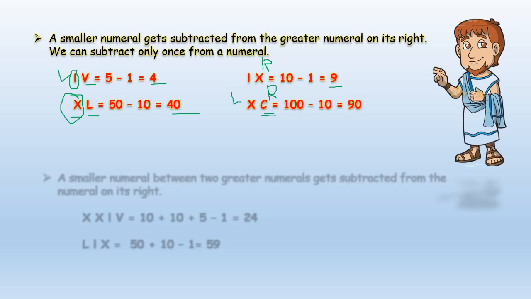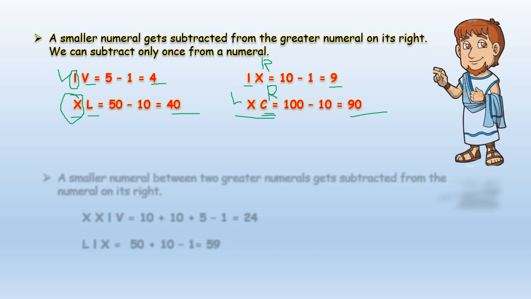So here we are going to subtract 10 from 100, that is 90. If we subtract 10 from 100, what do we get? 90. So the value of XC is equal to 90.